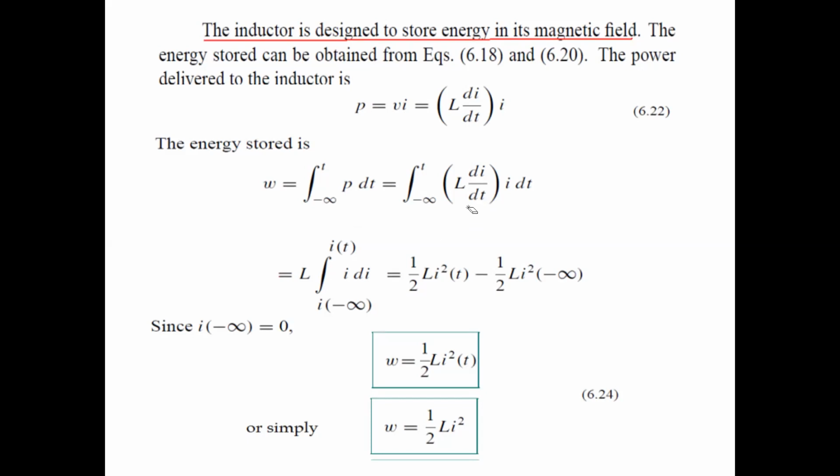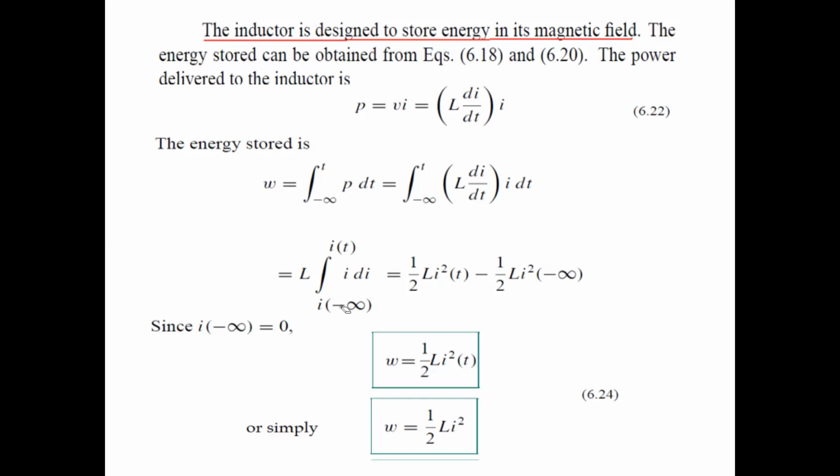and it happens to come out to be this, because inductance is constant and it is thrown out of the integration, and dt is cancelled by dt, and now we have i di. The differentials have switched from the time variable to the current variable, so the limits will also change.